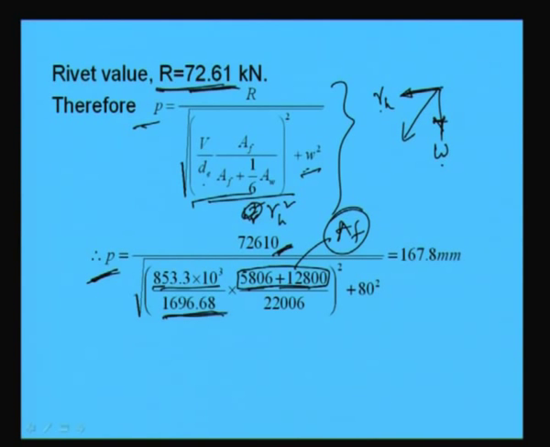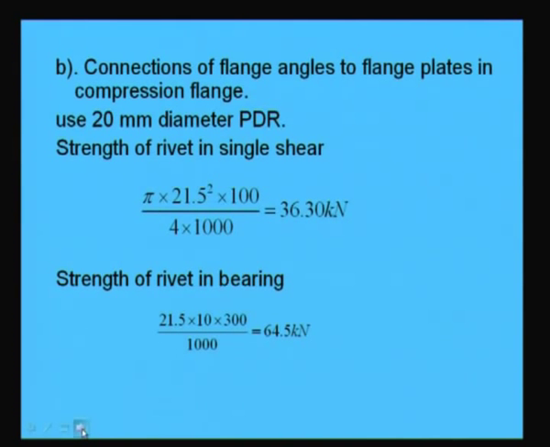If we put this in, and W is 80, we will get the value as 167.8 millimeter, right. So the pitch we are going to get as 167.8 millimeter, right.